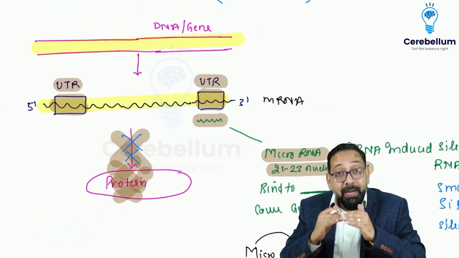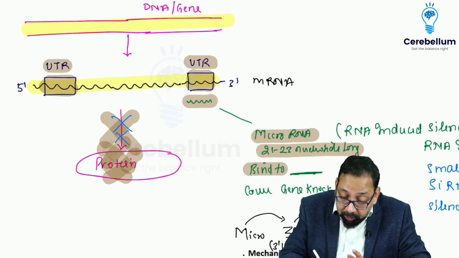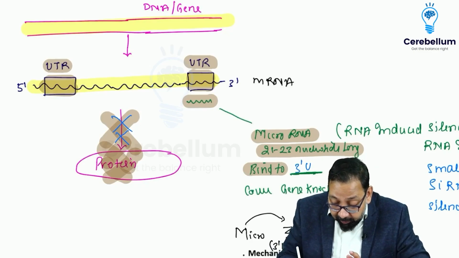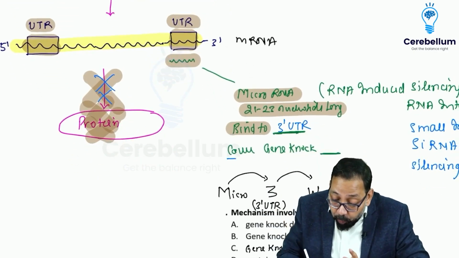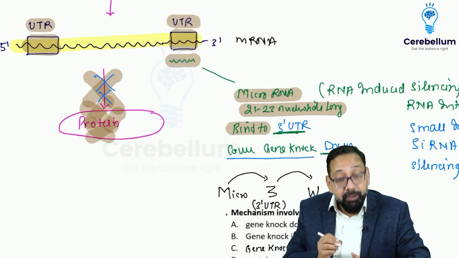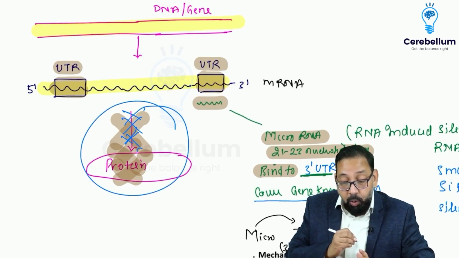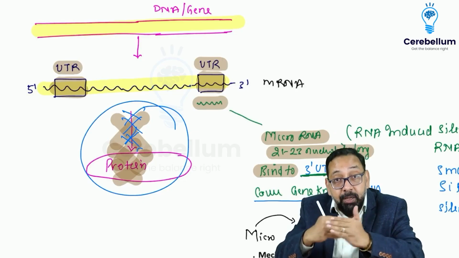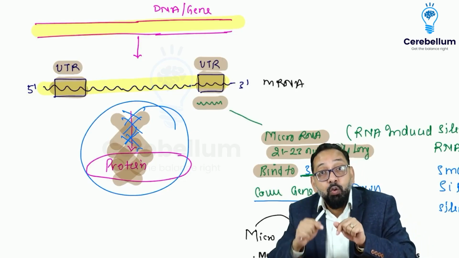So first question: microRNA binds to the 3' untranslated region. Second: microRNA causes gene knockdown. This phenomenon in which this messenger RNA is inhibited from protein synthesis is called gene knockdown.